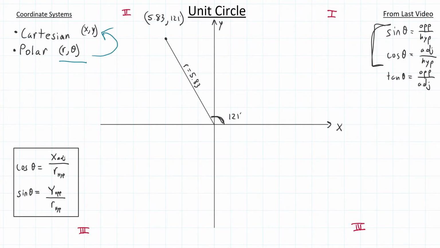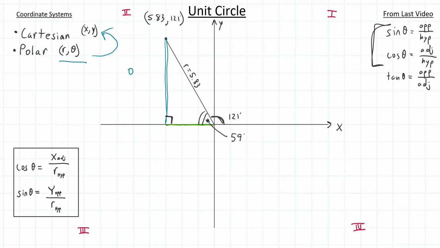If we look at this, we realize that the x-coordinate is this length right here, the y-coordinate is this length right here, and that's looking like a right triangle. But the angle of focus of this right triangle will be that one right there, 180 minus 121, 59 degrees.